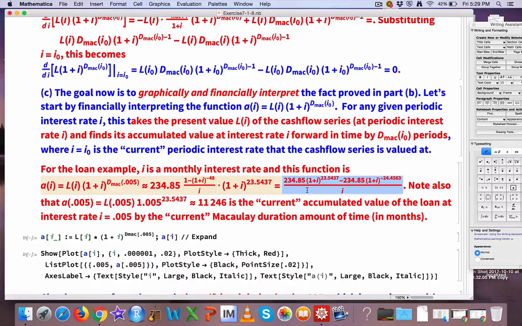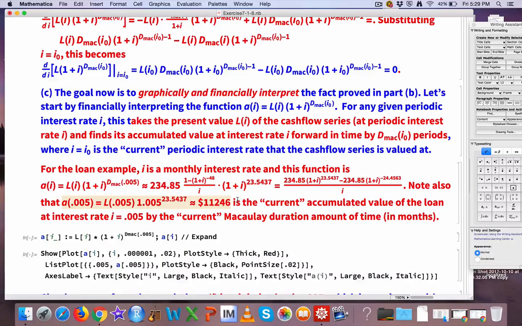Evidently, based on part B, if you graph this function, it's going to have a critical point at 0.005, and it's going to turn out to be a minimum, we will see. If you plug in 0.005 into this, you get about $11,246. So that would be the current accumulated value of the loan at the interest rate 0.5% by the current Macaulay duration amount of time, the 23.5437 months in this case, almost 2 years.